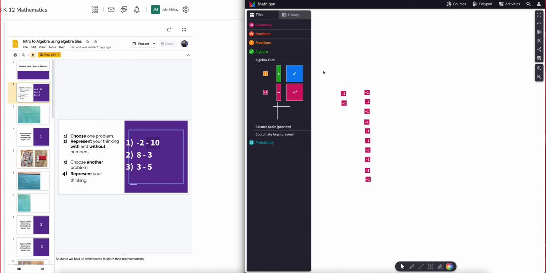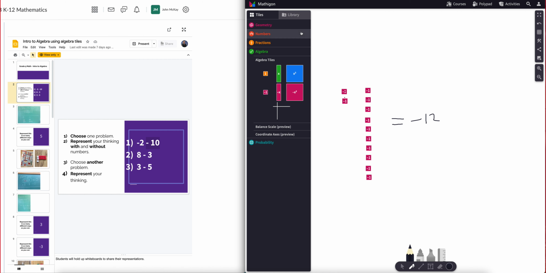How many negative tiles are sitting here? That's going to equal -12, just by counting 1, 2, and so forth. There's -12 tiles there. So the tiles don't let you make a sign error. It's just not possible. All you're doing is dragging out pieces.